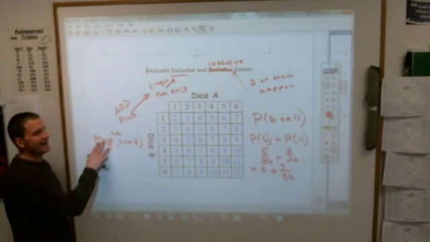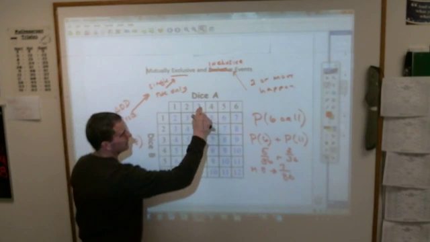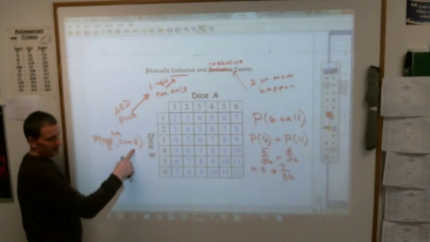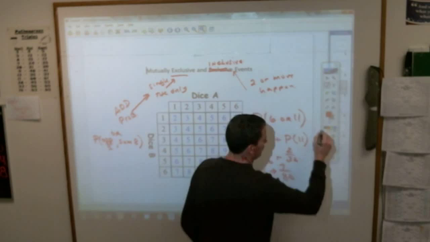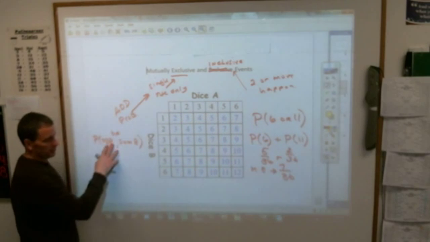Probability of rolling an odd number, and an 8. So here's what you have to look at. Is there overlap there? Well, let's look at all the odd number choices first.